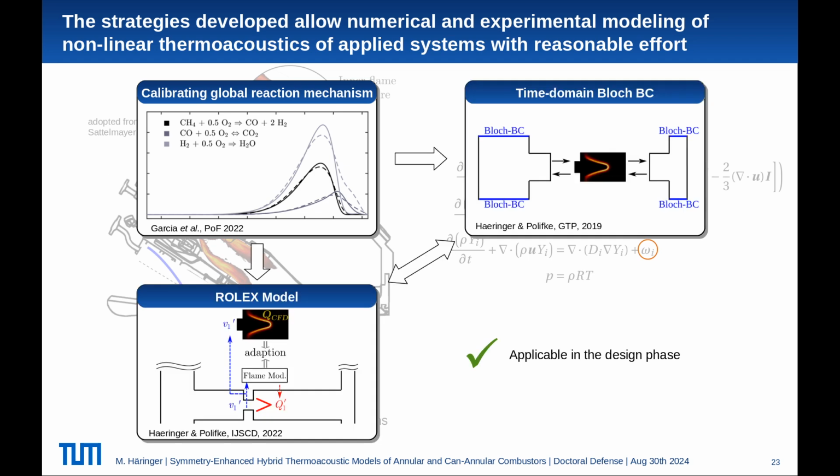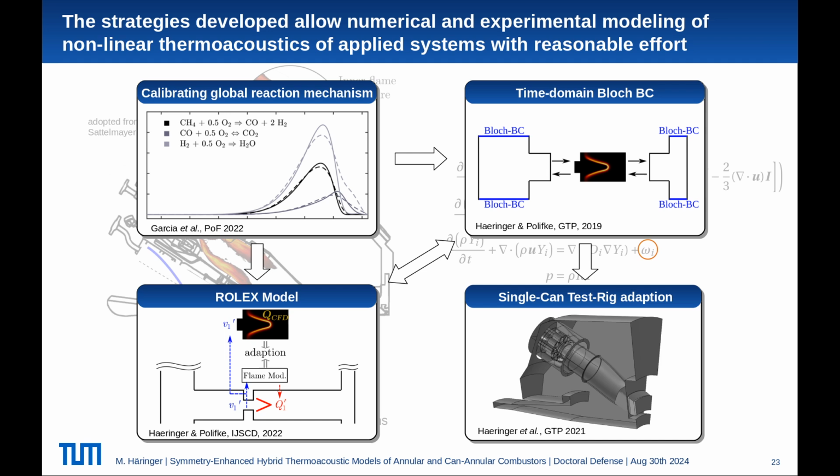We then proposed two numerical models, two hybrid models, and they allow a drastic reduction of the CFD domain. And now with those two models, the limit cycle prediction comes at reasonable cost. This means that these models are now applicable in realistic systems and also in the design phase.